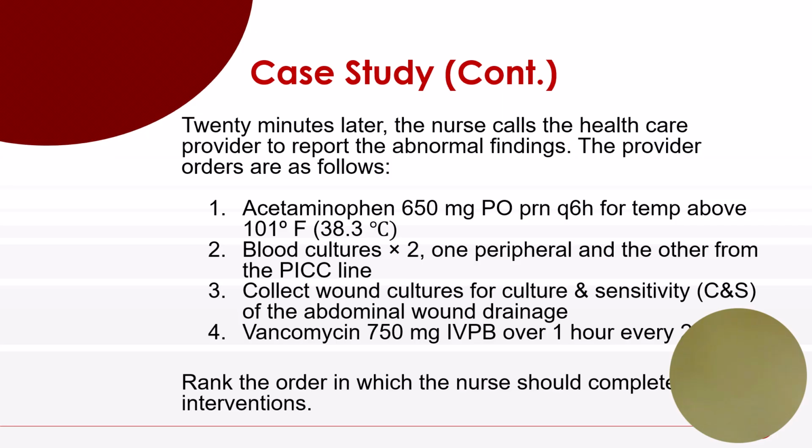Then part of that sepsis bundle is potentially administering some IV fluids. So based on that, we know that we always want to obtain our cultures prior to the administration of any antibiotic, but we need to do this as quickly as possible. So we need to get those cultures.